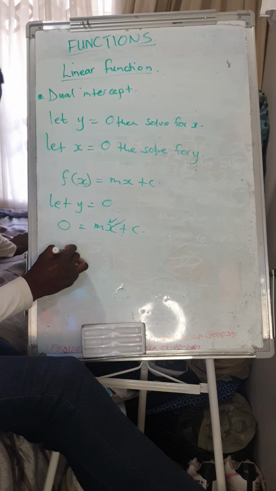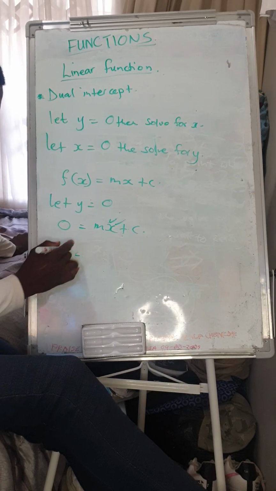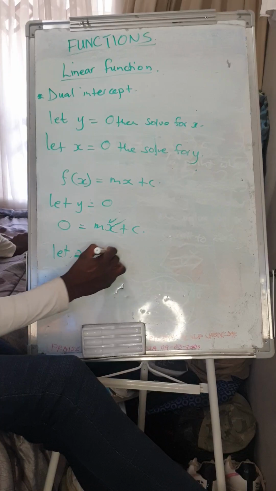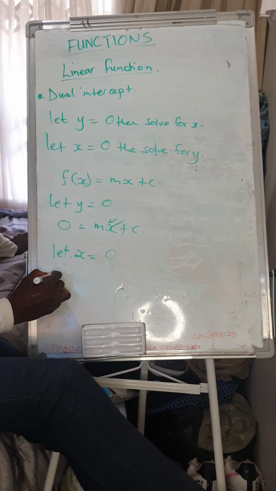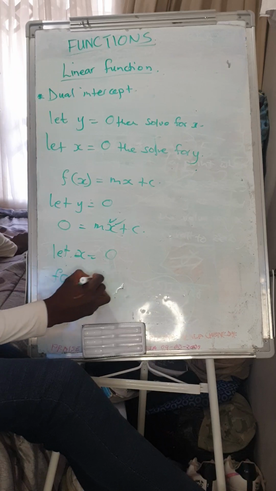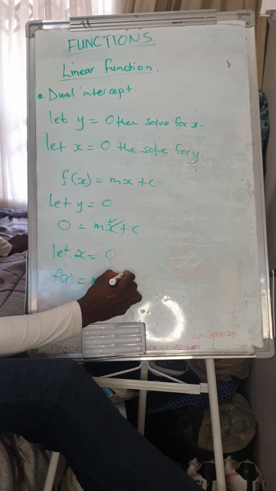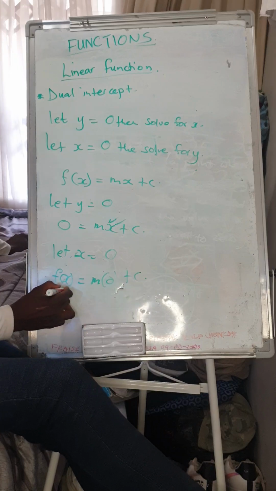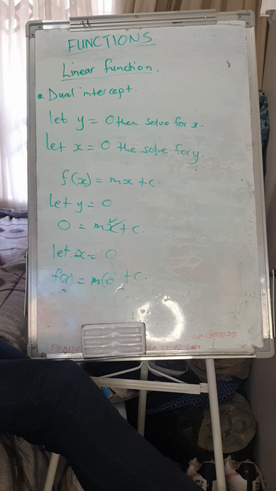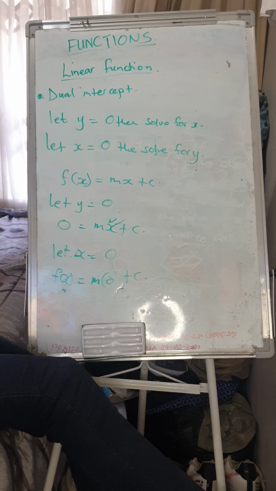And then I let x equal 0. Then I will have f of x equals m times 0 plus c. Then I solve for y. I think that one is understandable.